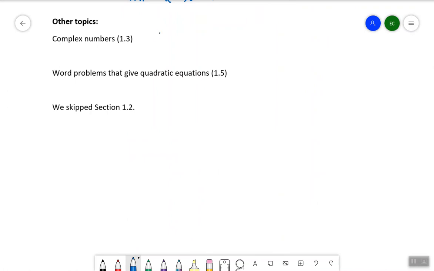Remember, a complex number looks like a plus bi, where i is equal to the square root of -1, and so i squared is equal to -1. We talked about how to add, subtract, multiply, and divide complex numbers, and the division was the most complicated of the four, and you should definitely be ready to divide complex numbers on the exam.